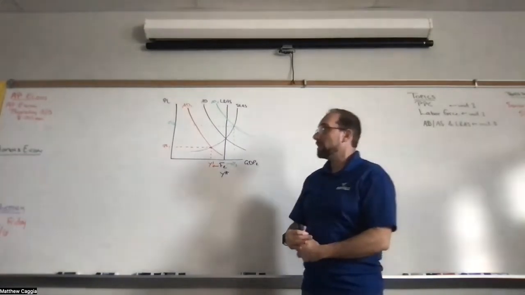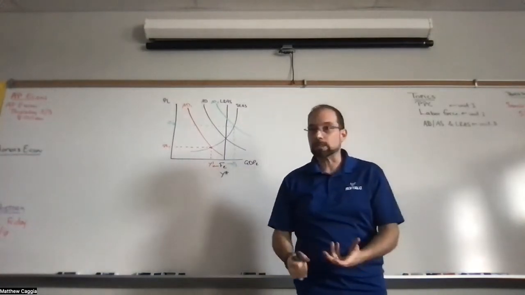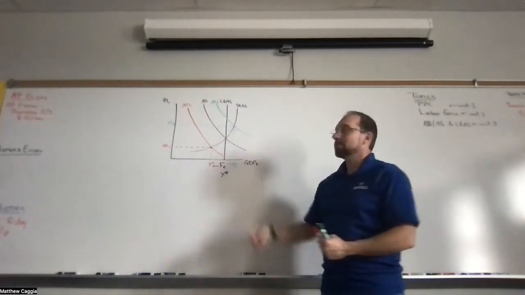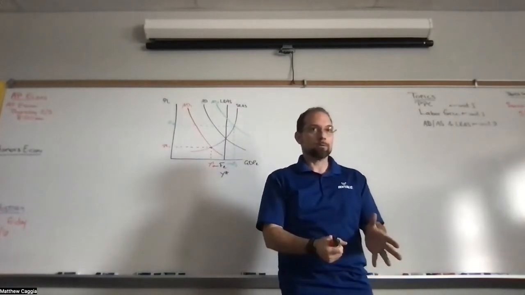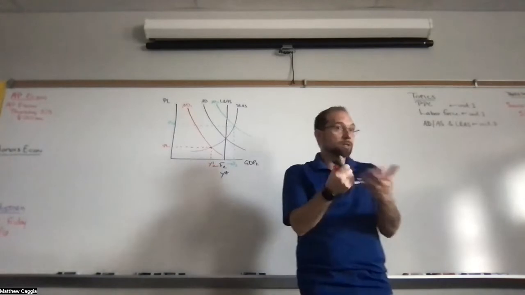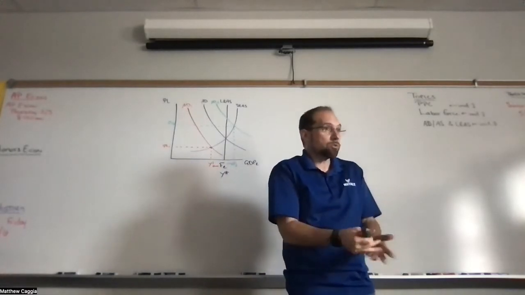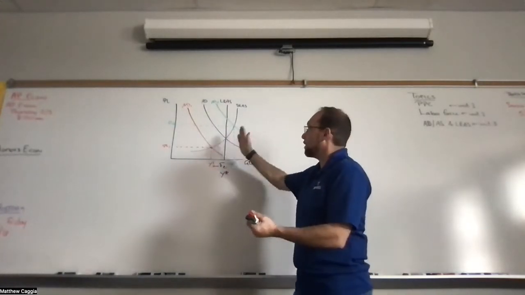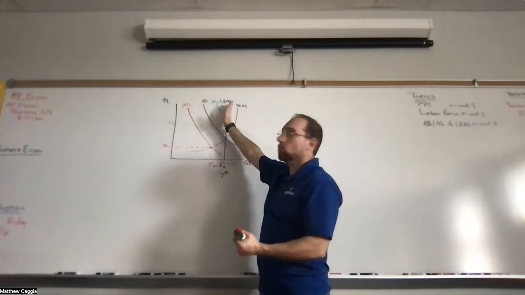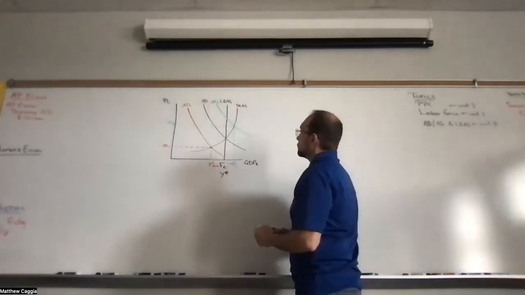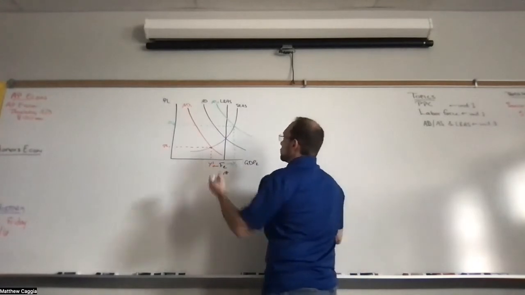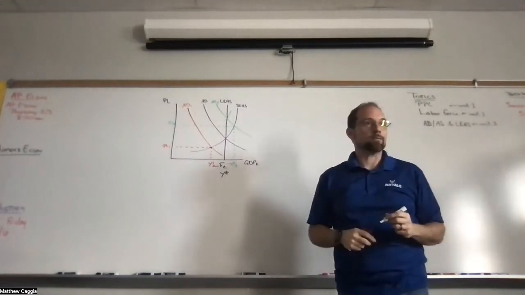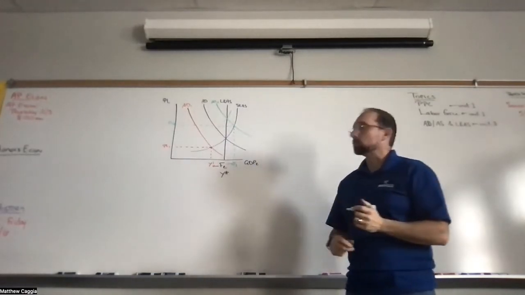That means the employers, the businesses, the factories, all of them together, are eventually going to be paying their workers more, which means the cost of their resources, labor is a resource, is higher. They can afford less resources, so the amount of things they can produce decreases. So in the long run, aggregate supply would then move to the left, and they would then meet up over here at that higher price level. But it would come back to full employment.